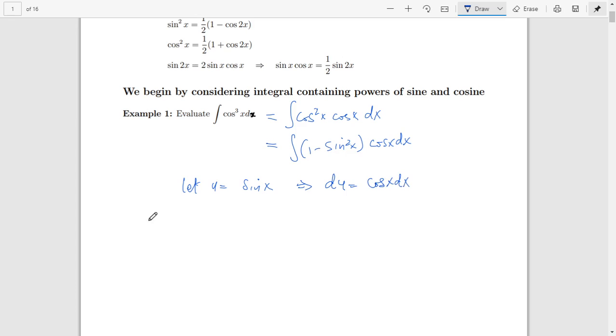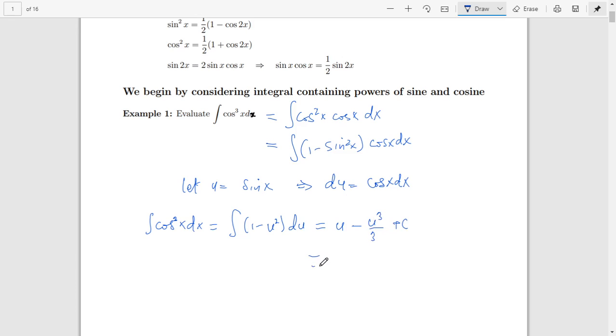And then if I substitute that into my original integral, I'm going to have that the integral of cosine cubed x dx will be equal to the integral of 1 minus u squared, since sine squared is u squared, and then cosine x dx is the same thing as du. Integrating this, I'm going to get u minus u cubed over 3 plus c.